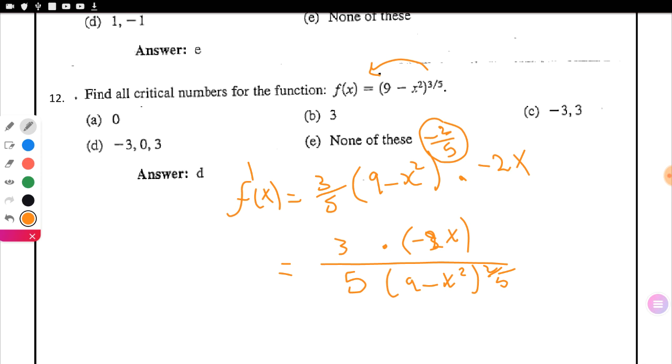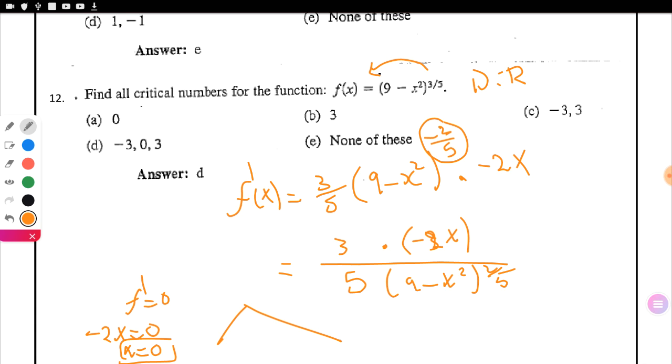To find the critical numbers, the values at which the first derivative equals 0 or does not exist, I have two cases. f prime equals 0 when the numerator equals 0, so negative 2x equals 0, so x equals 0. That is the first critical number. Is it included in the domain? Yes, because the domain is all real numbers. The critical number must be in the domain, or the function continuous and defined at it.